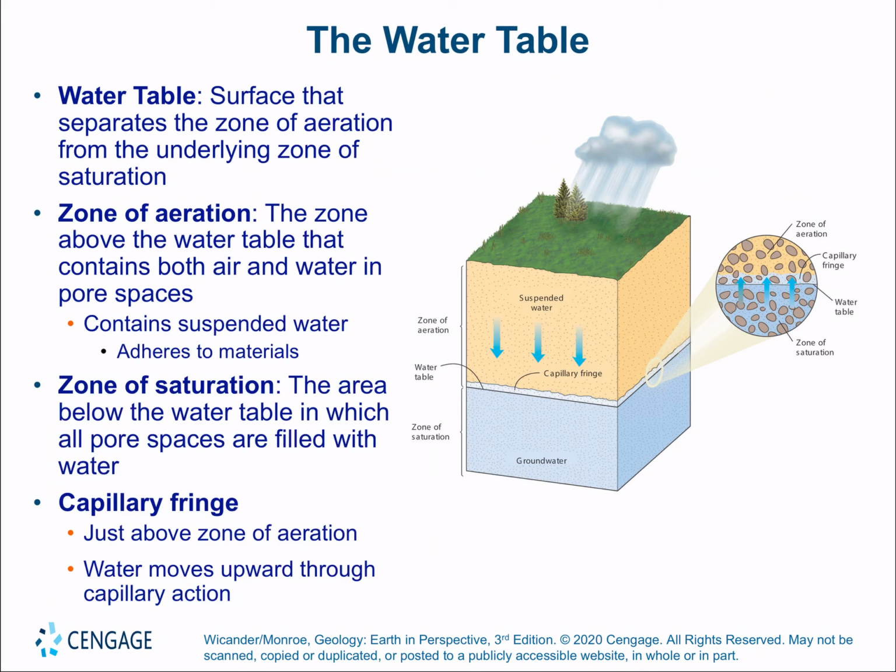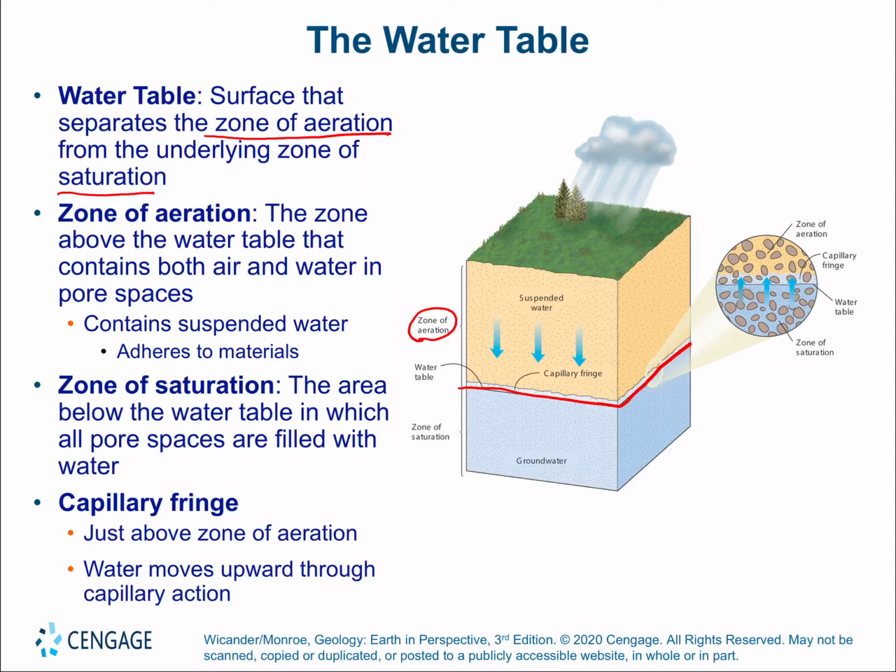Now, the water table is basically a line, a surface that separates two zones. It separates what is known as the zone of aeration from the zone of saturation. So right here is my water table. Now, the zone of aeration is this top zone.